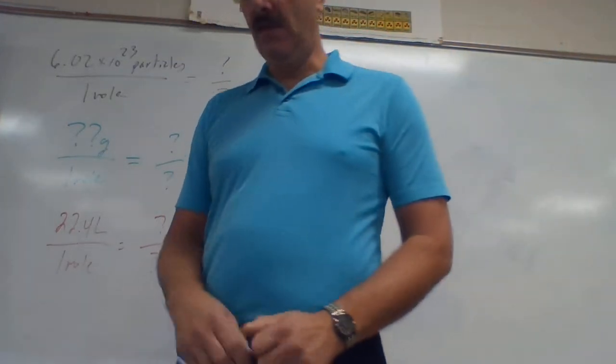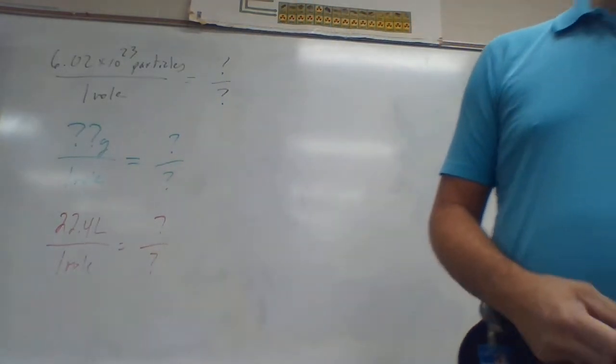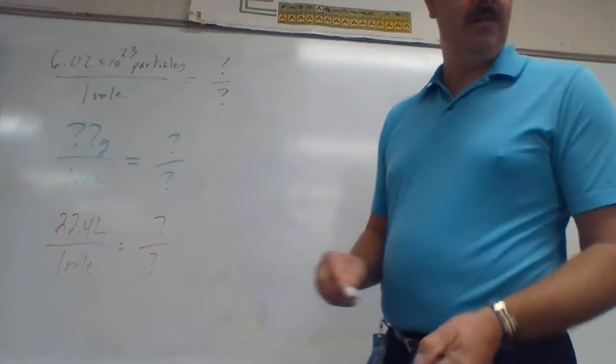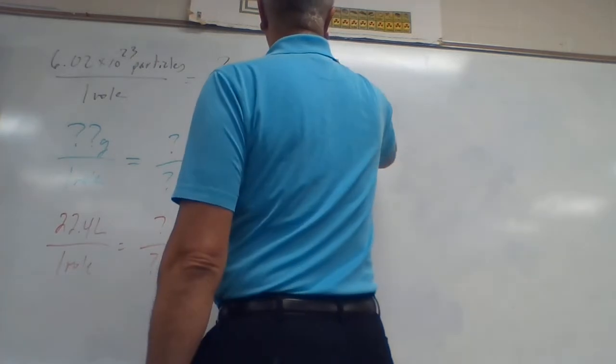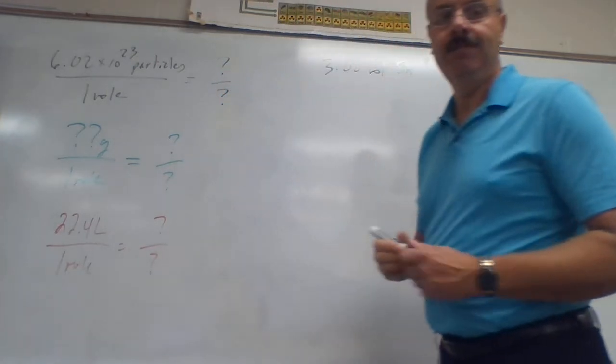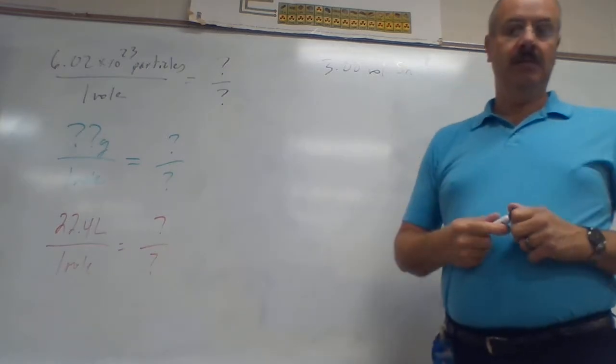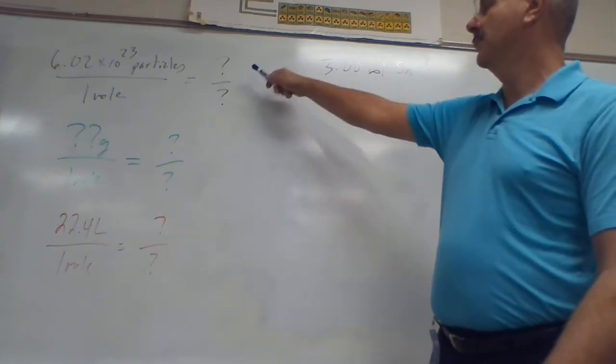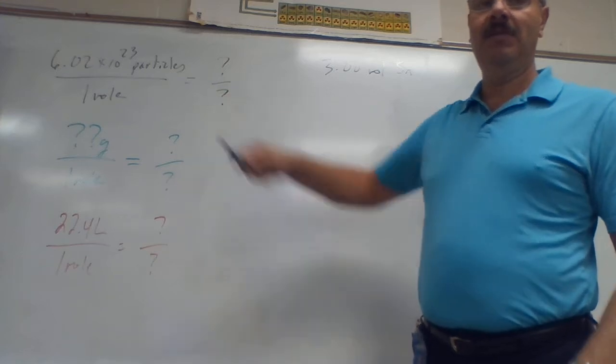All right. So what we need to do, we're looking at representative particles on these guys. 49. The first one, we got 3.0 moles of Sn, which is tin. Because we're looking at representative particles, which one of these are we using over here? We're using the black one up here at the top.